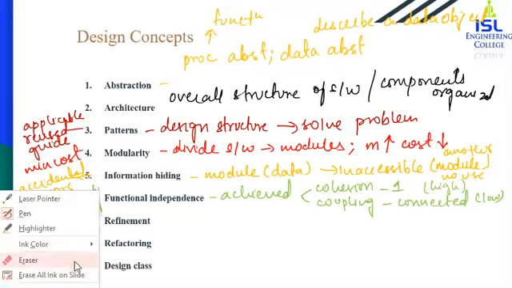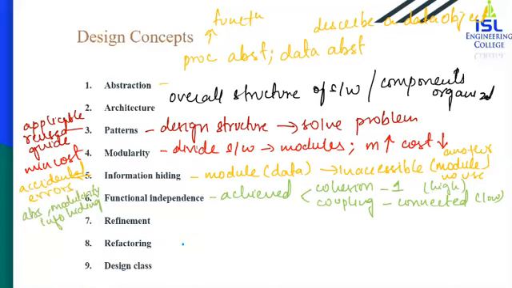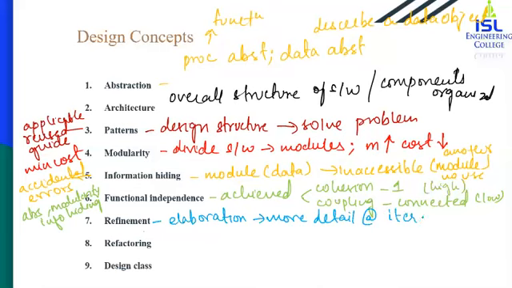Then the next one is refinement. Now what happens in refinement? It is a top-down approach, and within this top-down approach, you're going to elaborate the different details. That is, you're going to give more and more detail at each iteration. That is your refinement.